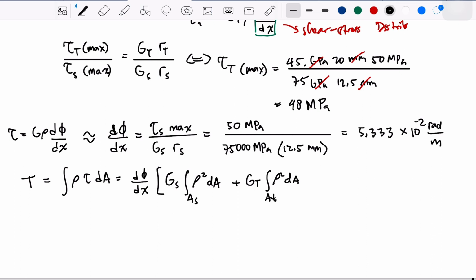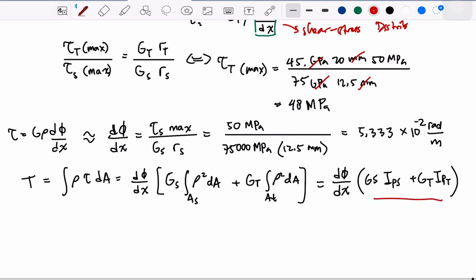We can simplify this, and this will be G steel, and the rho squared dA will be the inertia. So this will be the inertia of the steel and the inertia of the titanium. Okay. So at the end you can go directly just for this inertia formulation. I would just like to show you how we relate to the definitions.